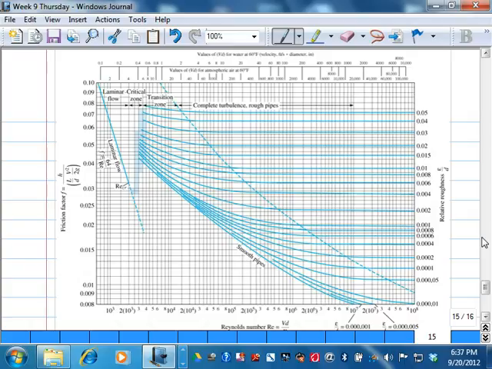Here is 10 to the 3, then 2, 3, 4, 5, 6, 8 times 10 to the 3, getting smaller, up to 10,000, 20,000, 30,000, 40,000. Here is 90,000, 100,000. From 100,000 to 200,000 is a big gap and then it gets small, because of the logarithmic scale, so that you can show the data from 10 to the 3, which is 1,000, all the way to 10 to the 8, 100 million.